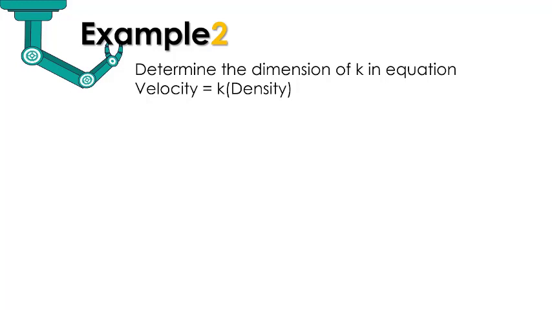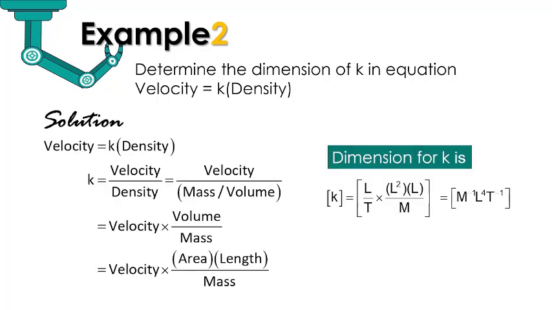Example 2. Determine the dimension of k in the equation velocity is equal to k times density. In order to solve for dimension of k, we need to rearrange the equation by moving k to the left side of the equation. We will get k equals velocity over density.